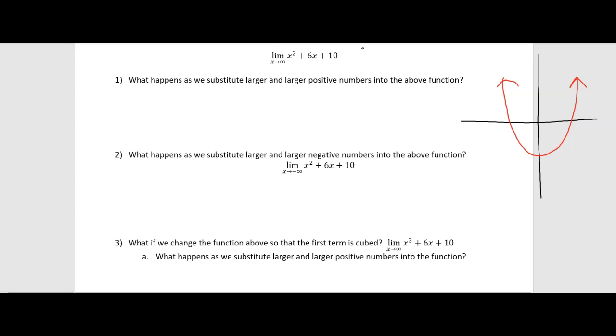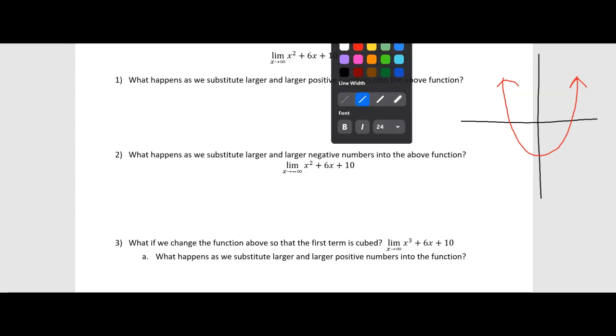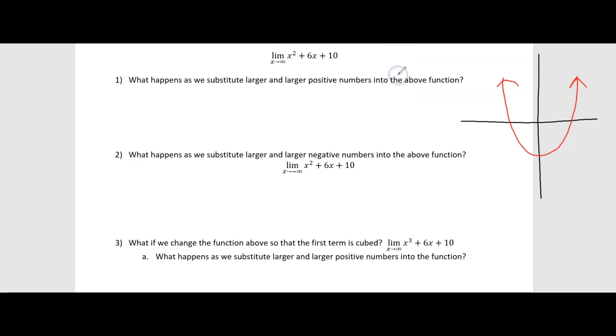Now, we need to think, okay, what's happening as we substitute larger and larger x values into the above function? A couple ways we can do this. If we have access to our graphing calculator, we can just graph the function and look. As the x values become more positive, our y values are approaching infinity, or they're increasing without bound.